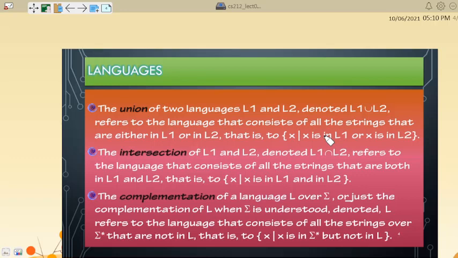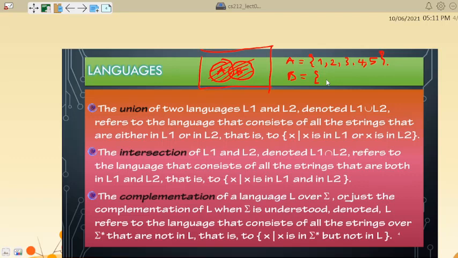For example, looking at the Venn diagram here, if we have set A and this is set B, A union B is all the elements in A together with all the elements in B. So that is A union B.